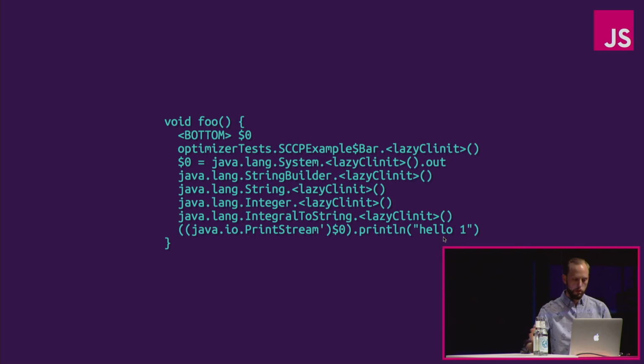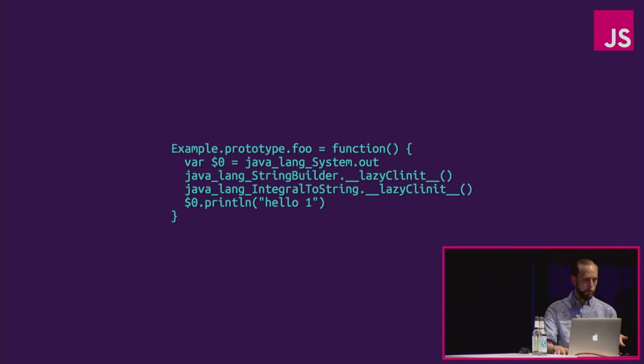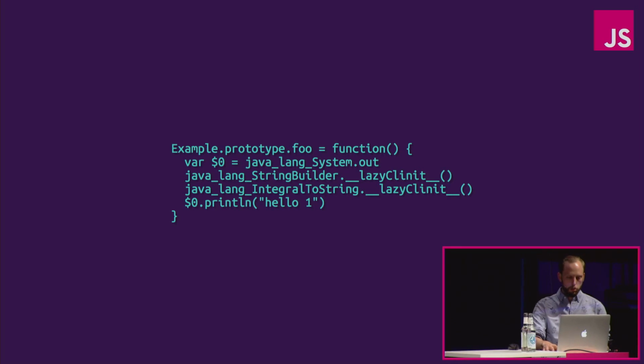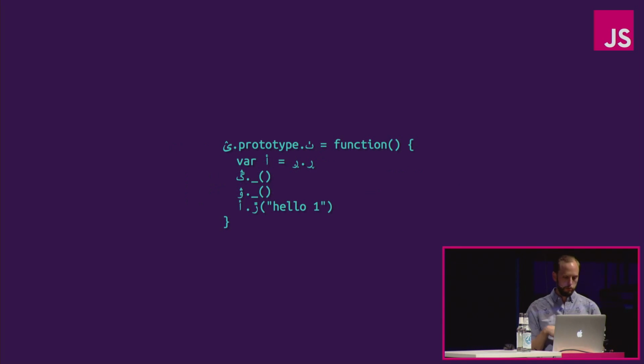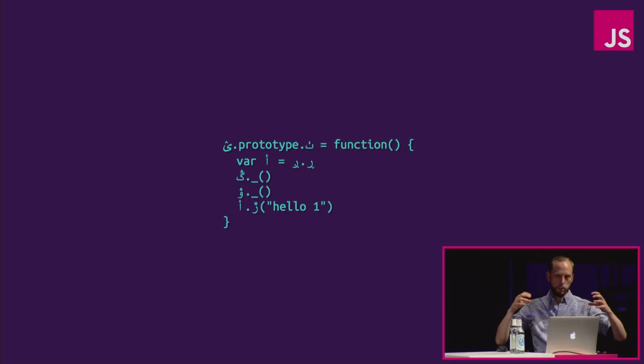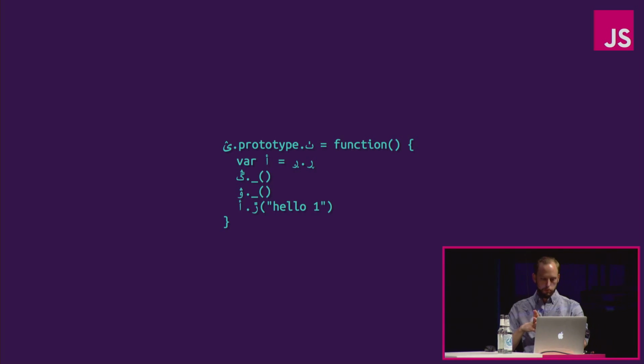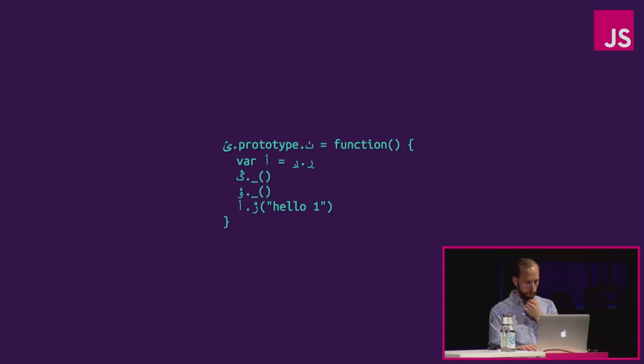It prints just 1. And the JavaScript code we then finally generate will look like this. And we also do some renaming, so it will probably, in the end, look like this, which is quite nice for such a big method. And the optimizer can prove a lot of stuff is unnecessary. And yeah, that's what we want to achieve.